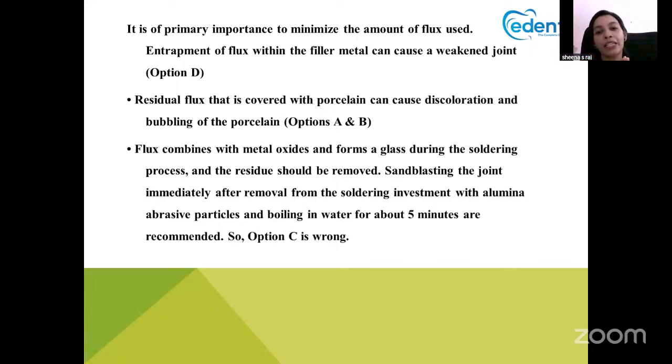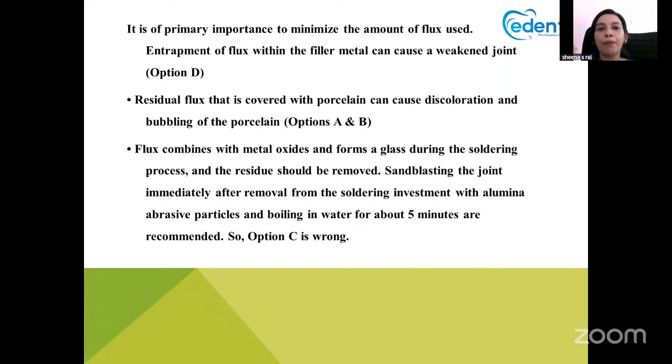Flux combines with the metal oxide and forms a glass during the soldering procedure, and the residue should be removed. Sandblasting of the joint immediately after removal from the soldering investment with aluminium abrasive, and boiling in water for 5 minutes, are recommended. So flux should be there, but in a particular concentration. If it is more, it gets incorporated with the filler, forming a weakened joint, and can cause discoloration and bubbling of the porcelain.